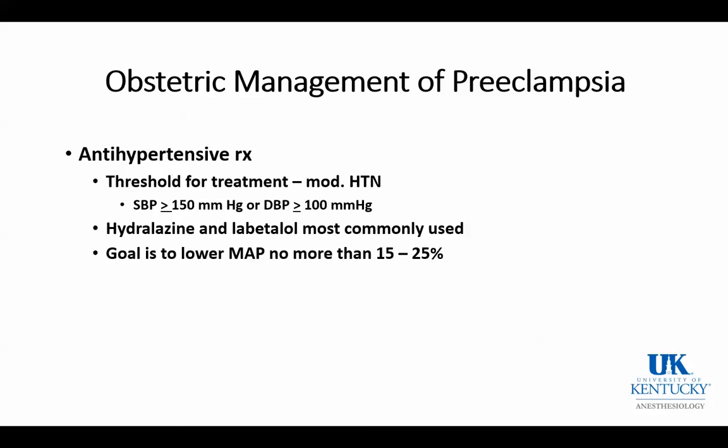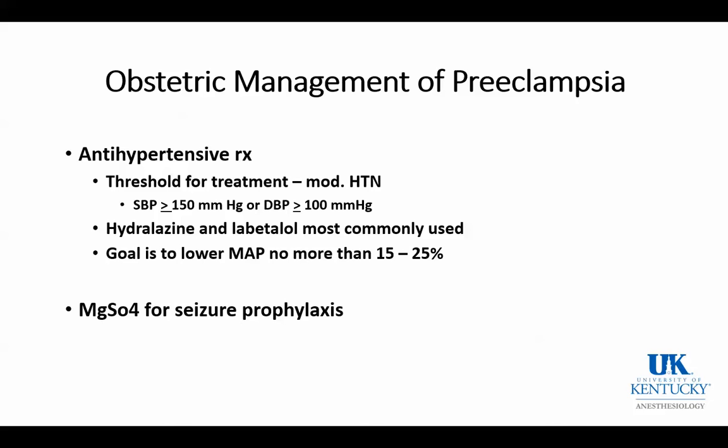Those are really the preferred drugs. And usually the goal is to lower your mean arterial pressure by about 15 to 20%. You generally don't want to go much below that because then you are concerned about effects on uteroplacental perfusion and the fetus.